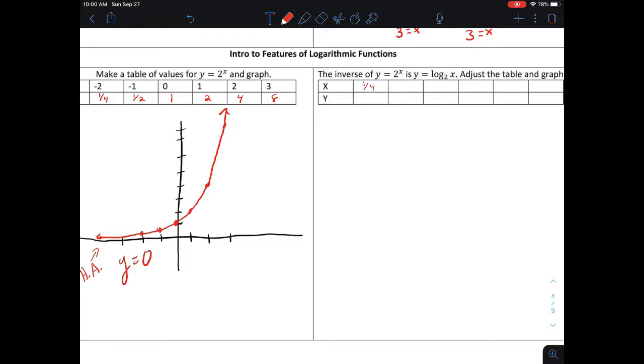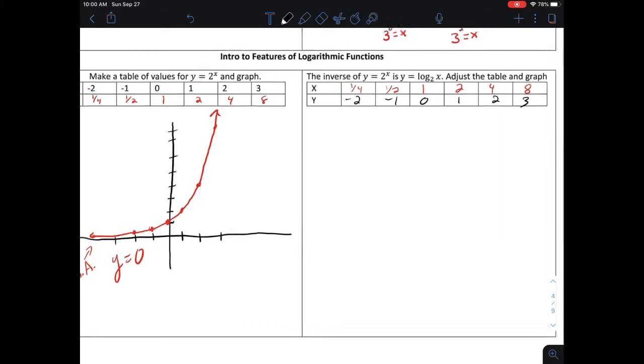So 1/4, 1/2, 1, 2, 4, and 8. And I'll match the colors. The y values on this inverse graph are the original x's of y equals 2 to the x. So it'd be negative 2, negative 1, 0, 1, 2, and 3, because of the relationship between a function and its inverse.